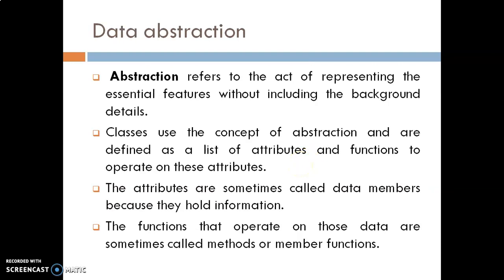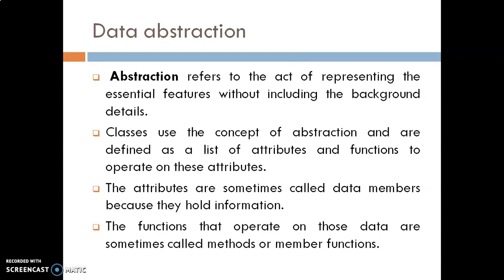Now data abstraction. You might be knowing what abstraction is. It refers to the act of representing the essential features without including the background details. When we are talking about abstraction, we are talking about the main, essential features. We are not talking about the rest of the things which are not important.